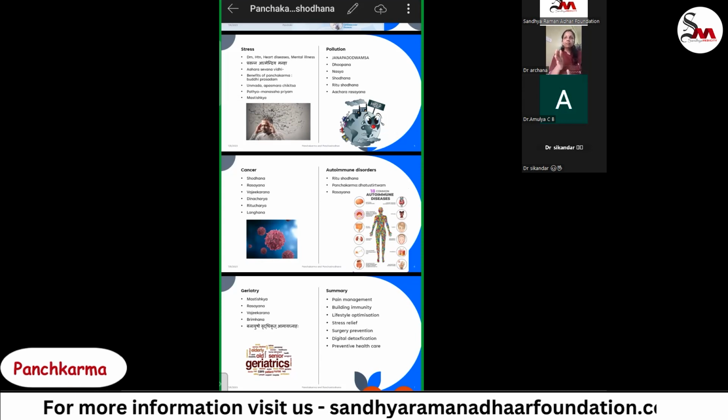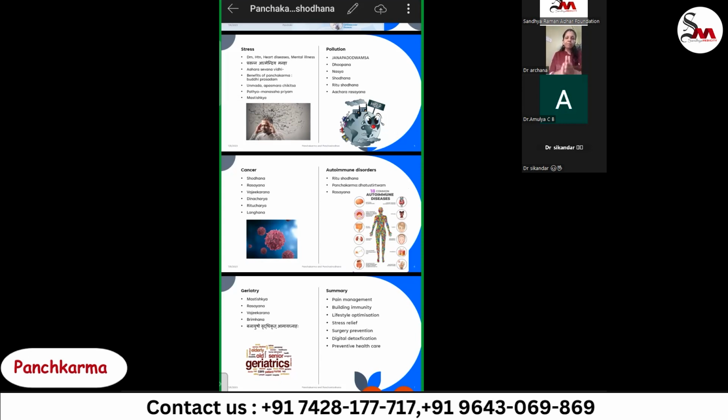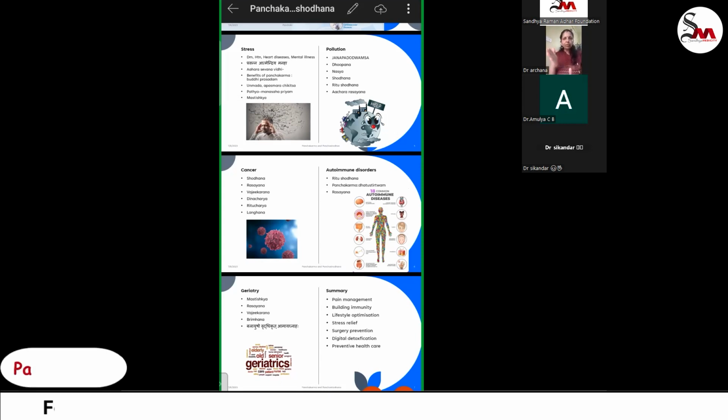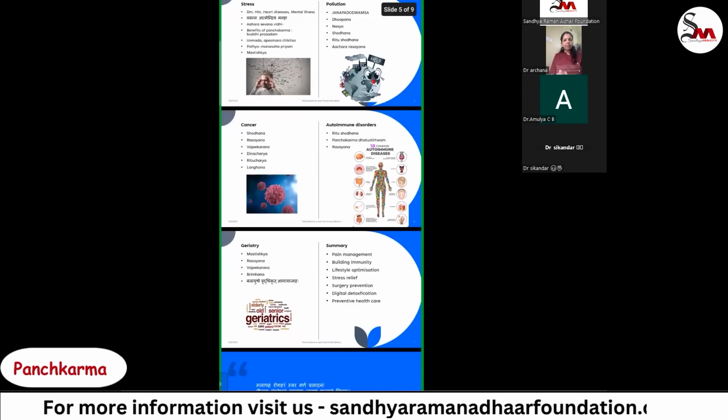For Rasayana Chikitsa, you have to go through Pancha Shodhana, and then Rasayana is applied. Here, Achara Rasayana is the Sadvritta that we have to follow. So you can suggest Ritu Shodhana followed by Achara Rasayana to individuals who want to contribute something to nature.